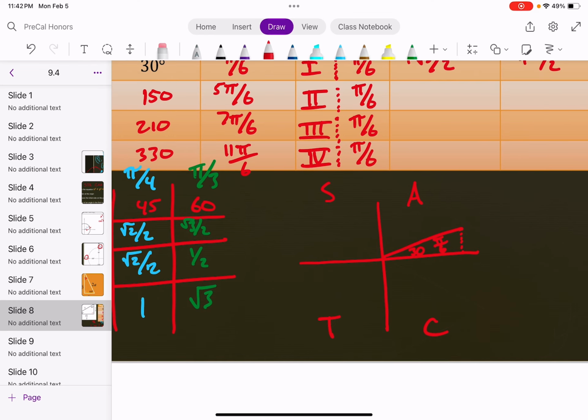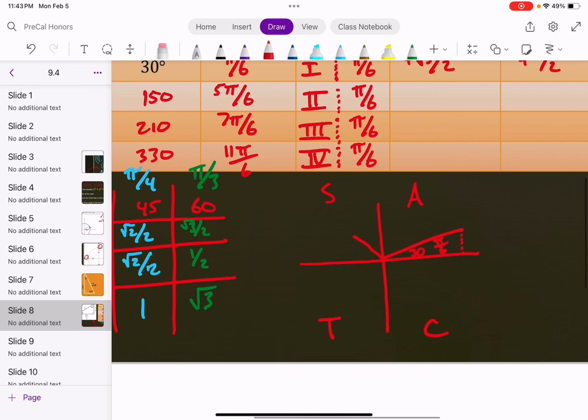Our S in this top left corner of our graph would be our sine. Now that could also be your cosecant, but you have to keep everything in line. So the first thing would be drawing out your 150.